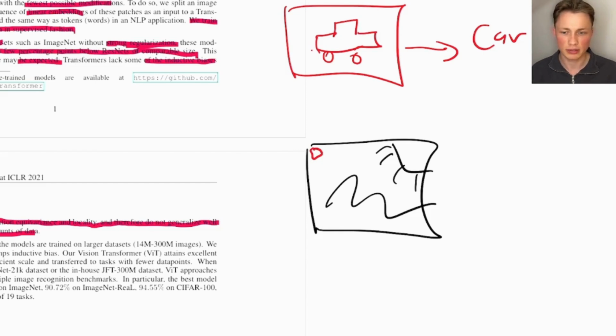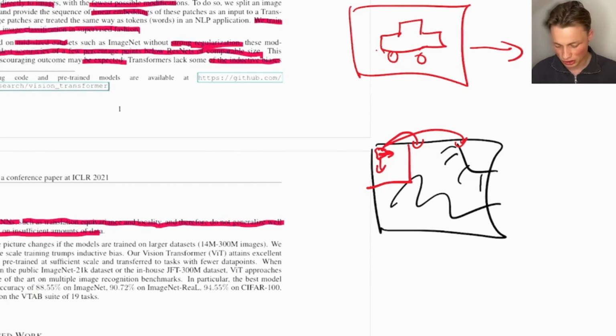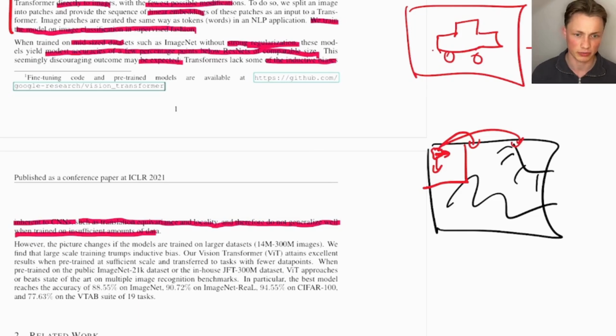With the CNN, we say, okay, this receptive field is most important for this pixel, and with the transformer architecture we have a global receptive field. We will see it later, but this means that this pixel can see every other pixel, and so the model has to learn that the most important pixels are maybe nearby. We didn't have this inductive bias implemented in the vision transformer, and therefore we have to learn it from our dataset. And if the dataset is not large enough, it's hard to learn this inductive bias.